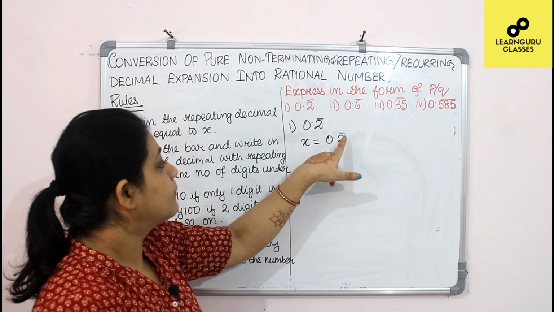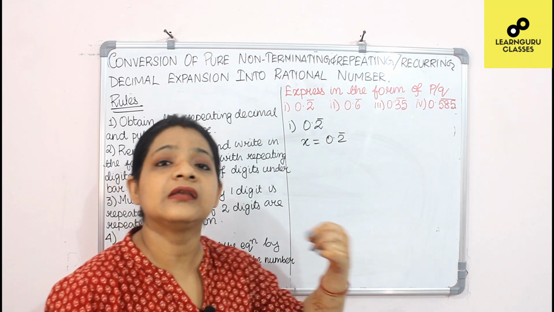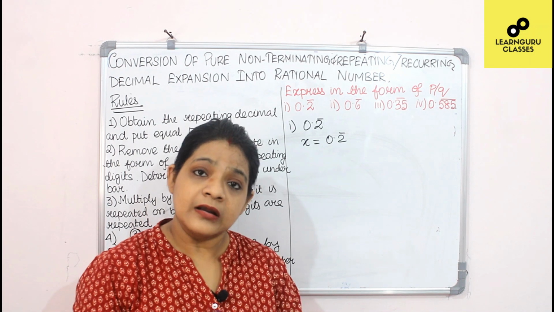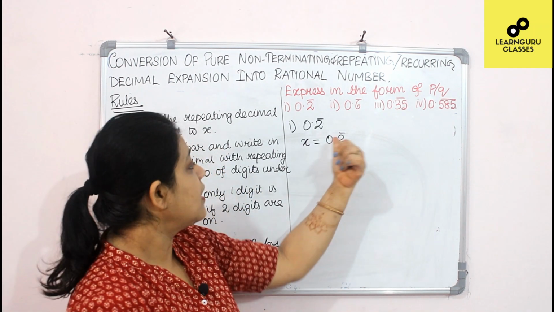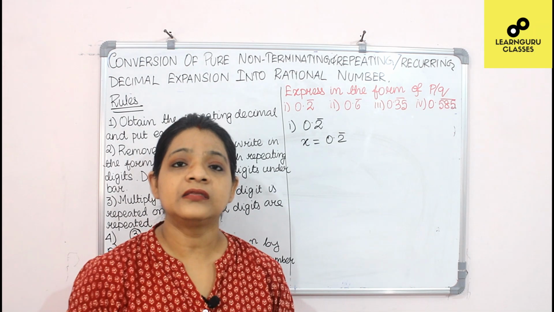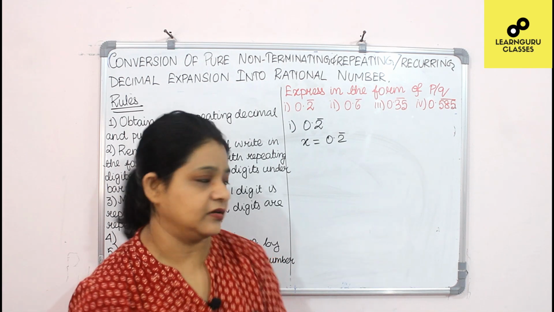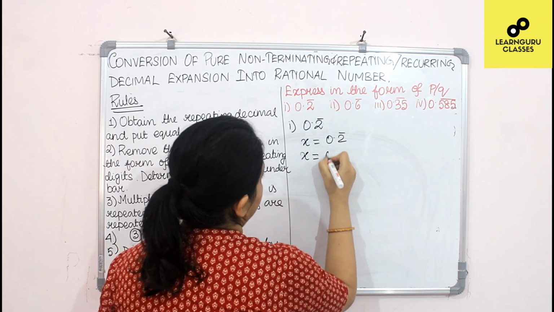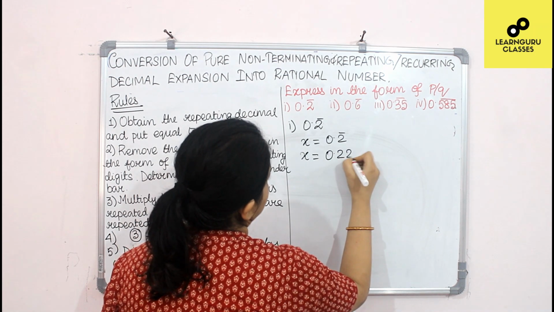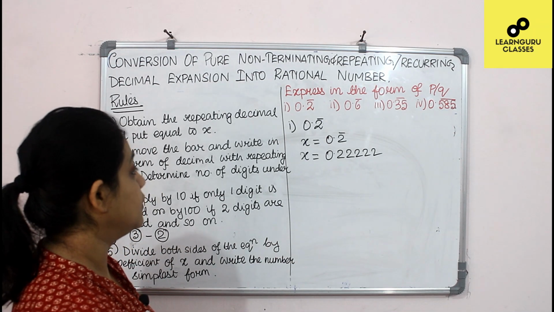What does the bar indicate? The bar indicates that the digits are being repeated. Here, as 2 is under the bar, it suggests that 2 is being repeated. So I will remove the bar and write it as 0.2222. Let's keep it up to here.